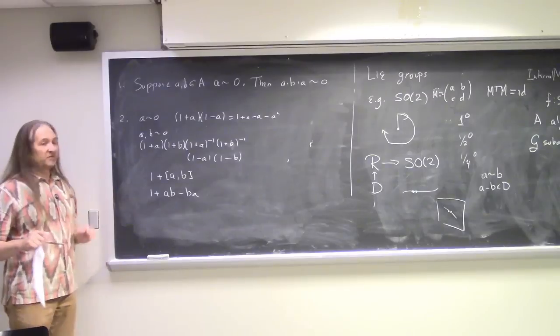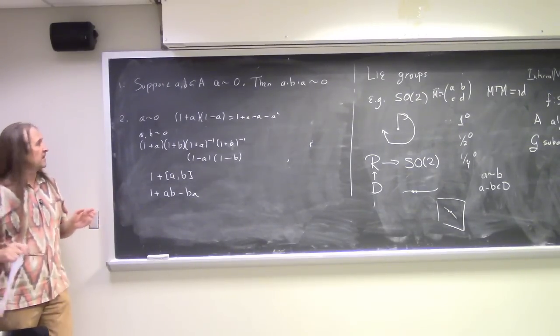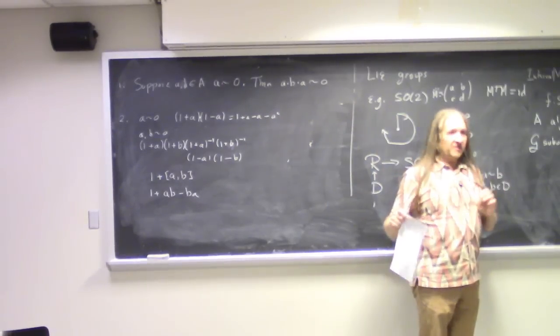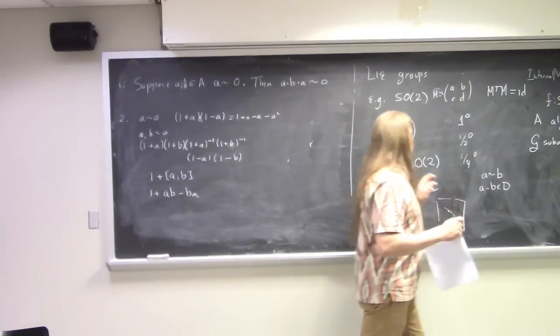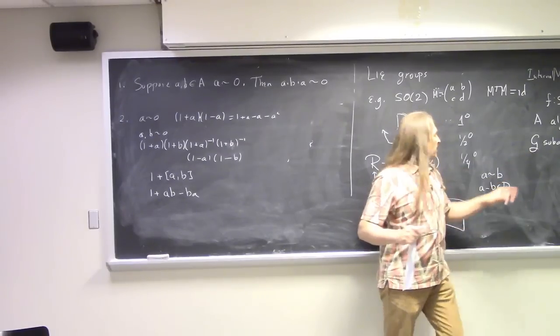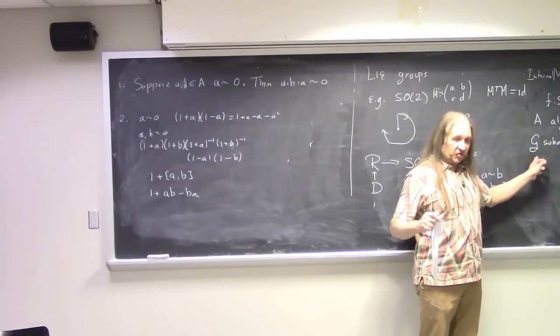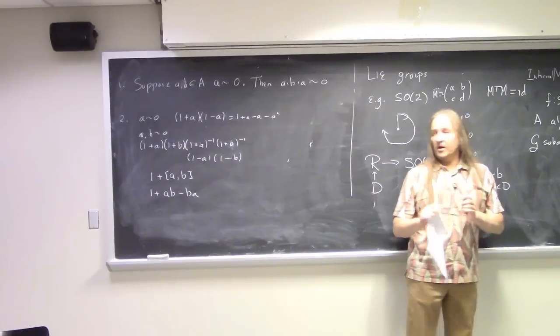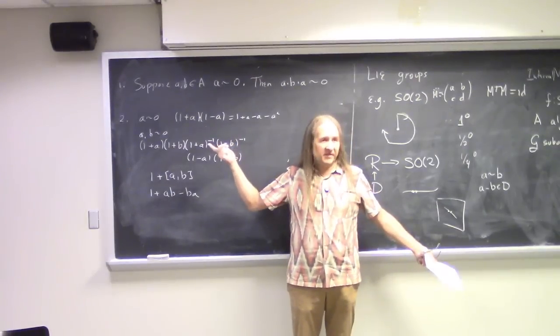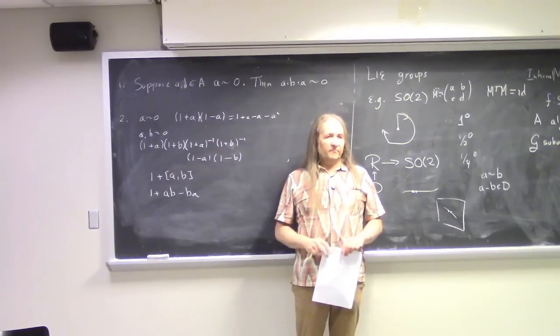And I guess the other comment to be made is that so far I said this was an element of the algebra. But remember, my group lies in this G, which is a sub-object of the algebra. I can easily check that if 1 plus A is in there, 1 minus A will also have to be in there, because it's the inverse of it.